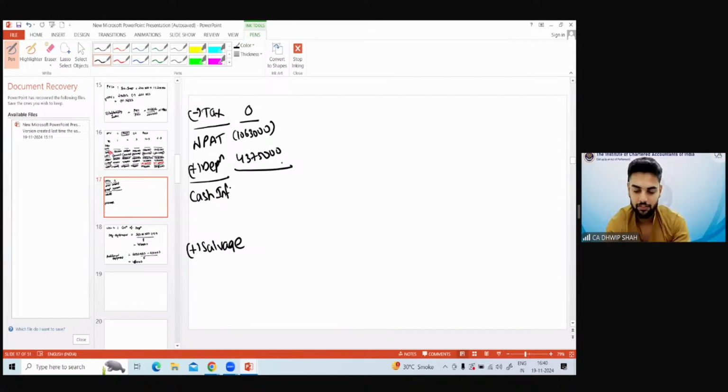So my cash inflows for year one is 4375 minus 1063, 3312. Correct? Any queries for year one? I'm going very slow so that you can digest and grasp it. Any queries still here?